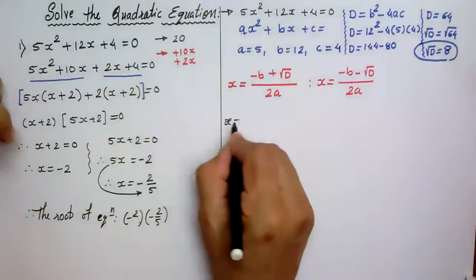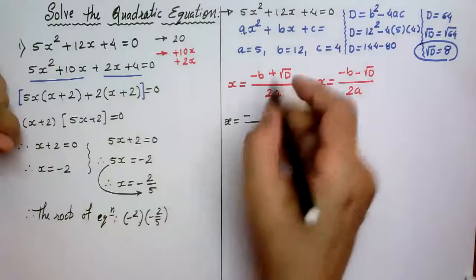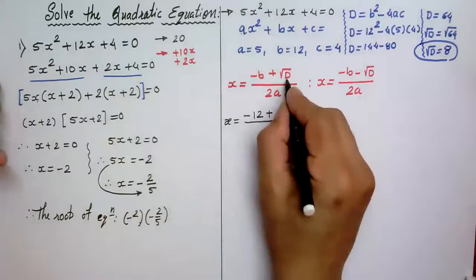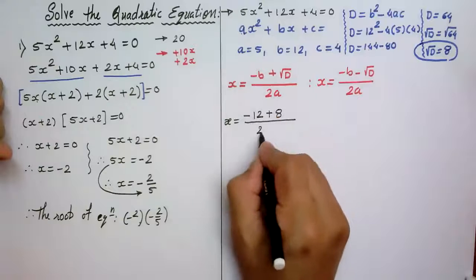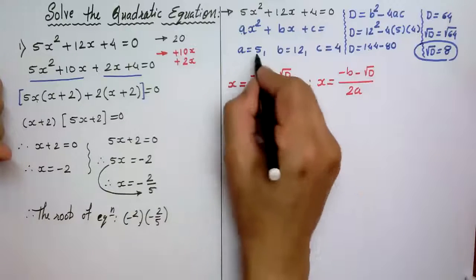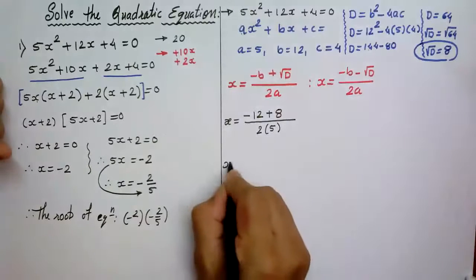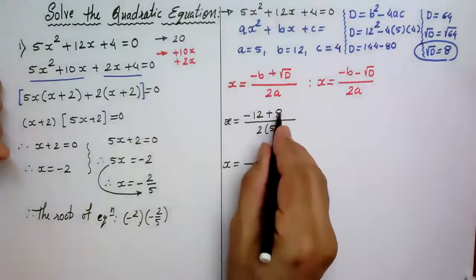x is equal to minus b, that is minus 12, plus square root of d, which is 8, upon 2 times a. What is a? a is 5. So x is equal to minus 12 plus 8.